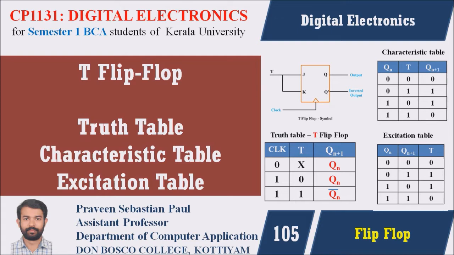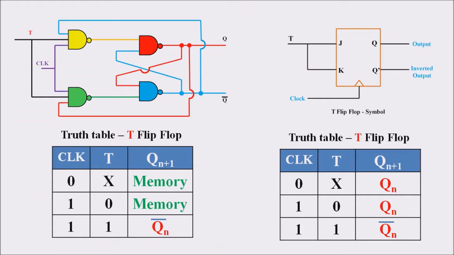lecture. So if we are analyzing the truth table of a T flip-flop, the T flip-flop with the clock equal to 0 and the T value either 0 or 1 results in a memory condition, that is the output will be Qn, that is a previous state itself.